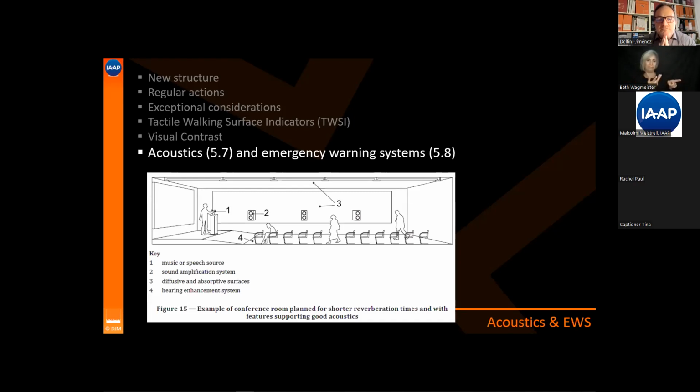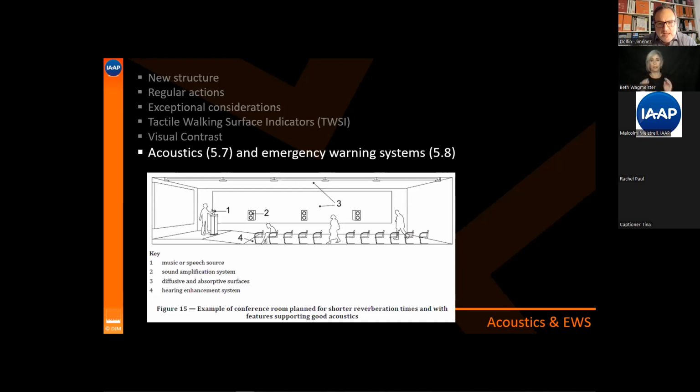The task force considered that it's important to find them easily and to reorder the considerations about that. Now they have more prominence in the standard: acoustics, emergency warning systems, and signals and information.